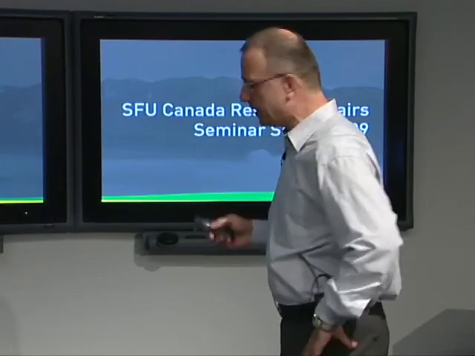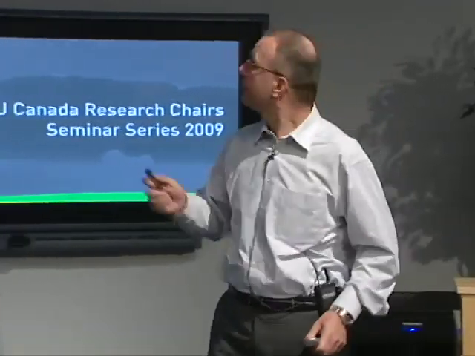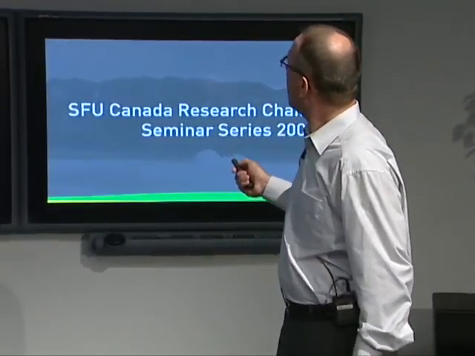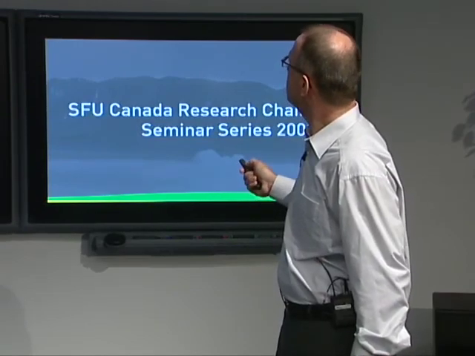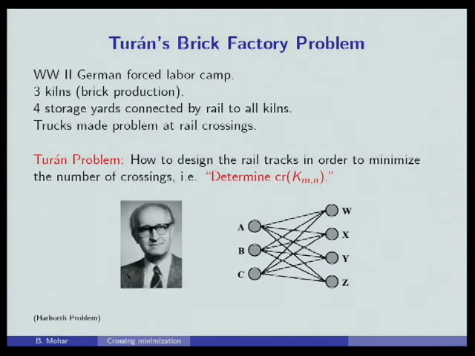This brick factory had certain production of bricks, so kilns. Let's say there were 3 kilns. And then from each kiln, they transported bricks along little railroads to the storage, let's say storage yards.